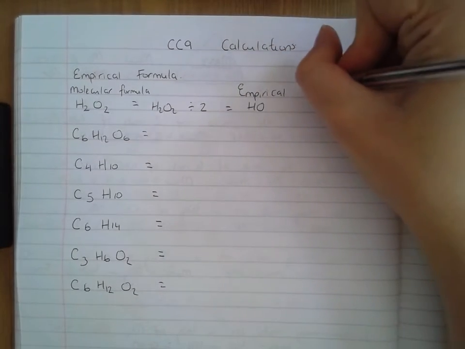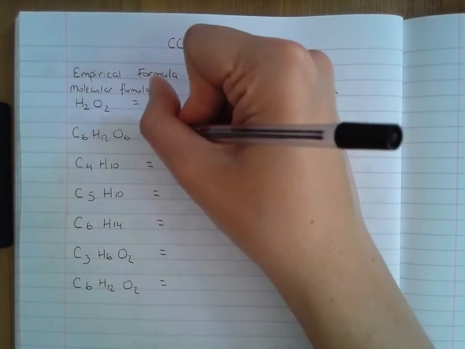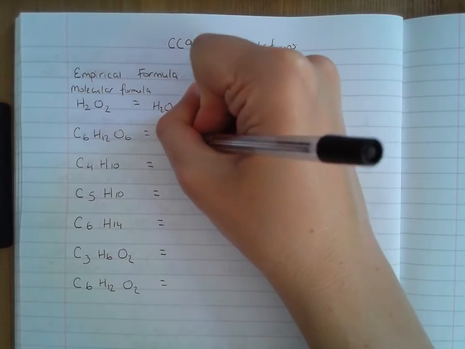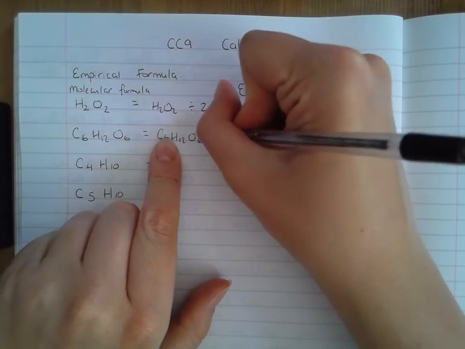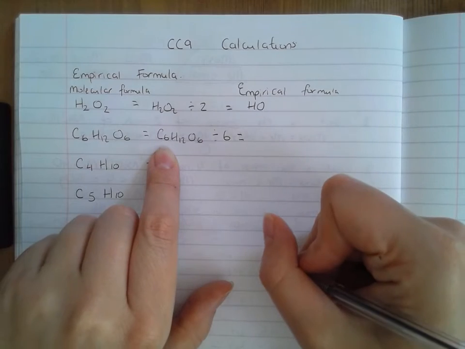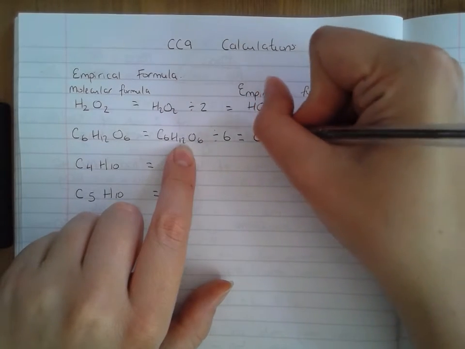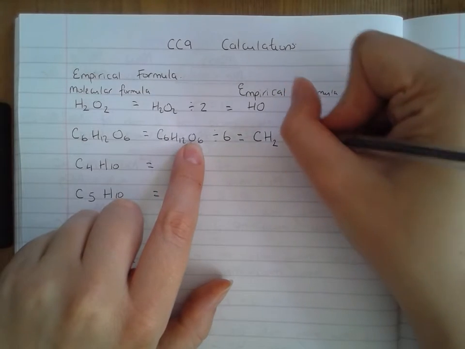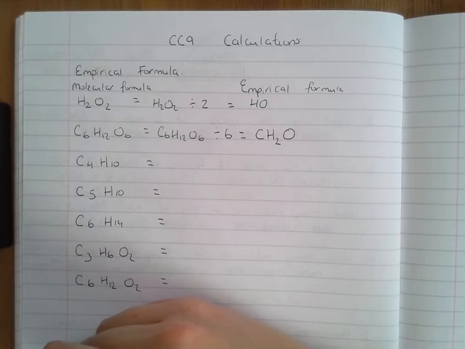If I have a look at the next one, C6H12O6, the number 6 will divide evenly across. When I divide by 6, 6 divided by 6 is 1, 12 divided by 6 is 2, 6 divided by 6 is 1, I'm left with CH2O.